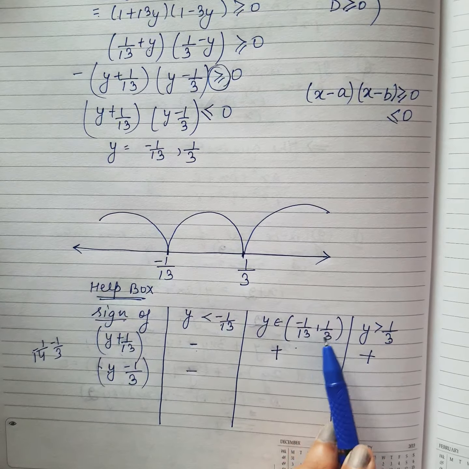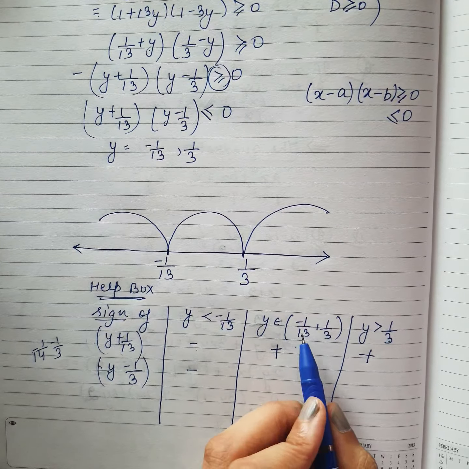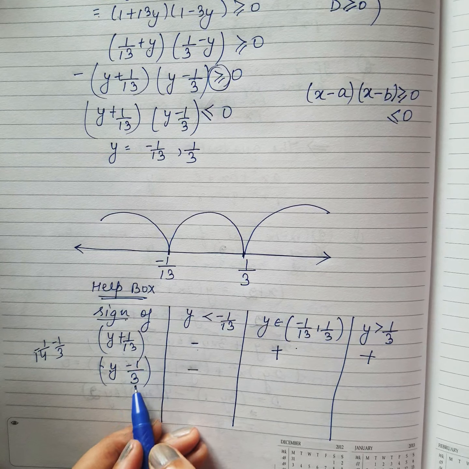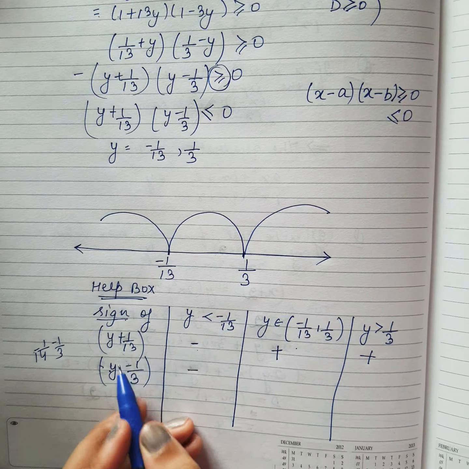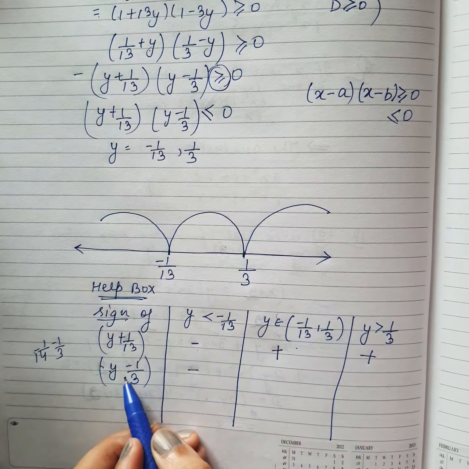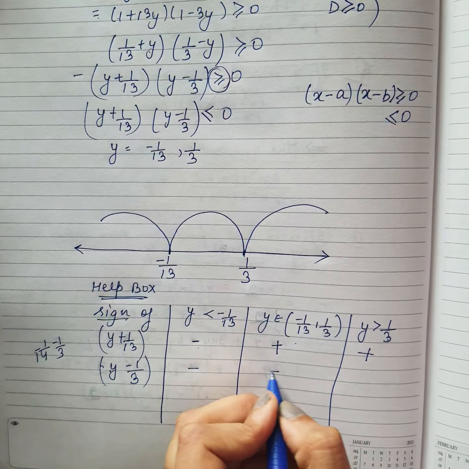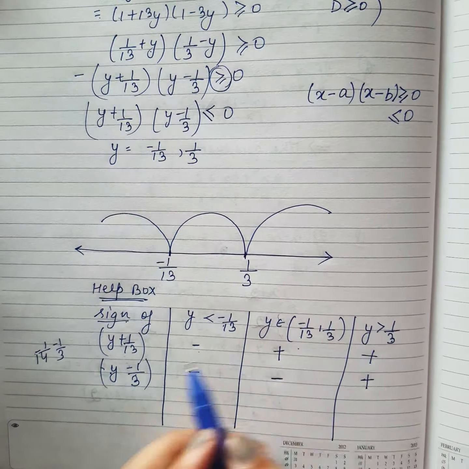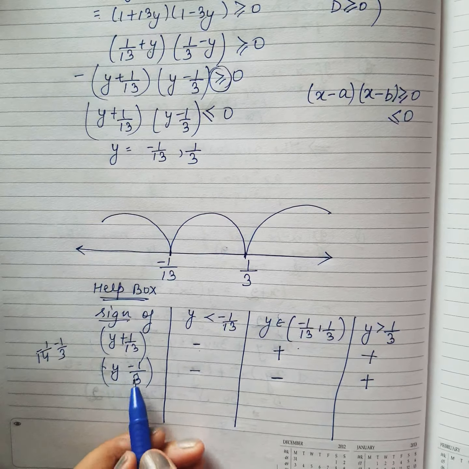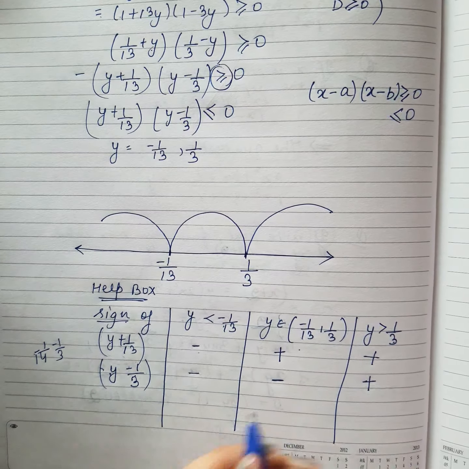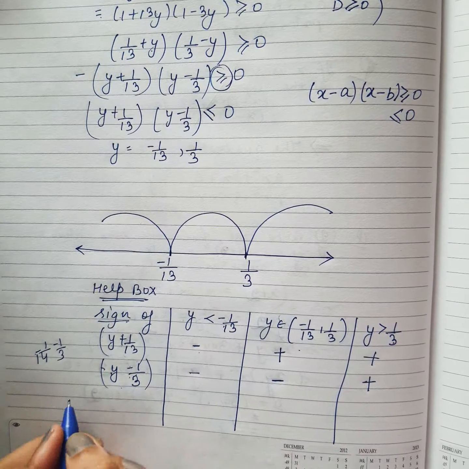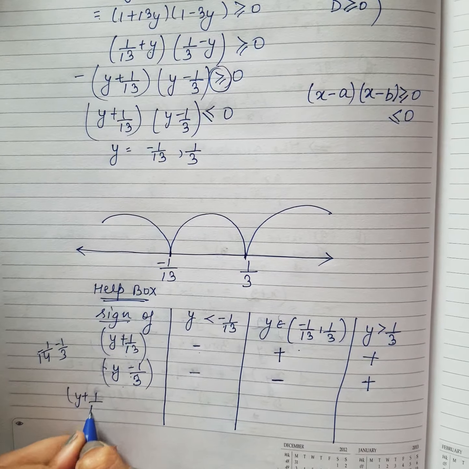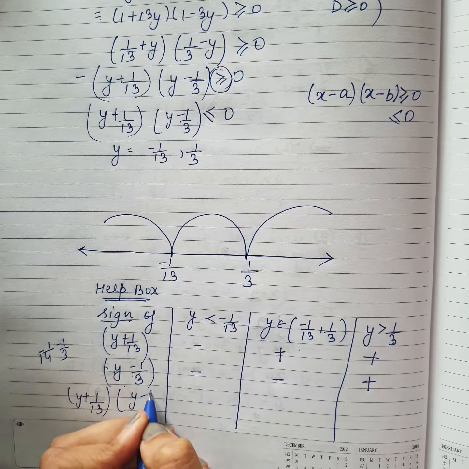Next, if it is lying between them, since this is 1 by 3, any other value in this interval will be less than 1 by 3, so this will be negative. If y is greater than this, that means greater minus smaller will be a positive answer. Now multiply these two brackets, y plus 1 by 13 and y minus 1 by 3.